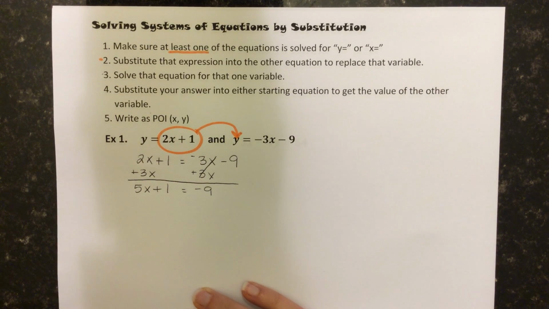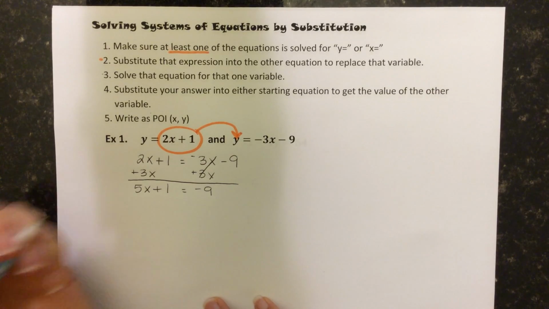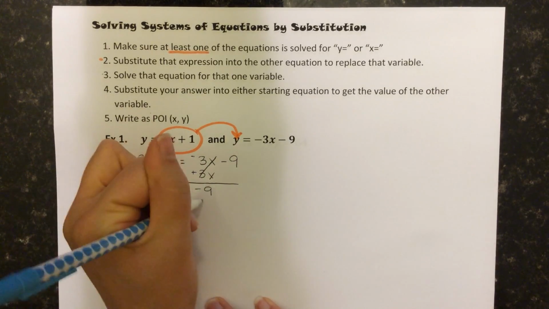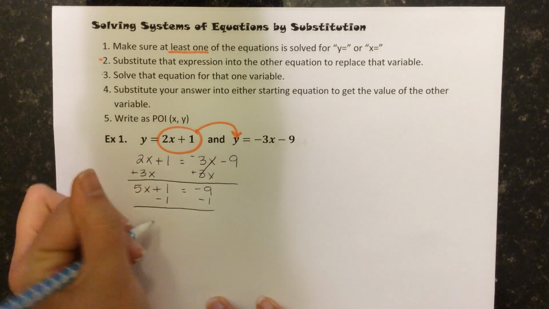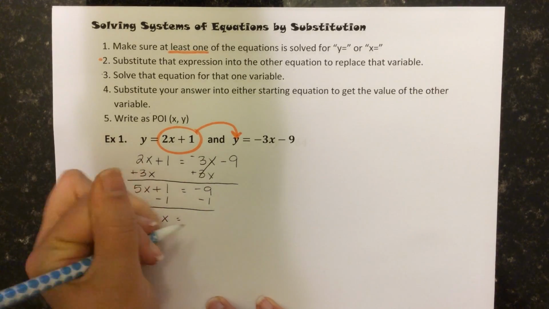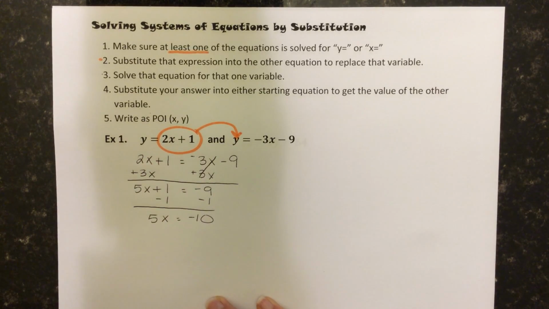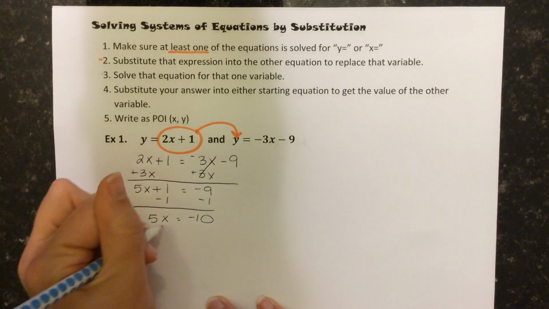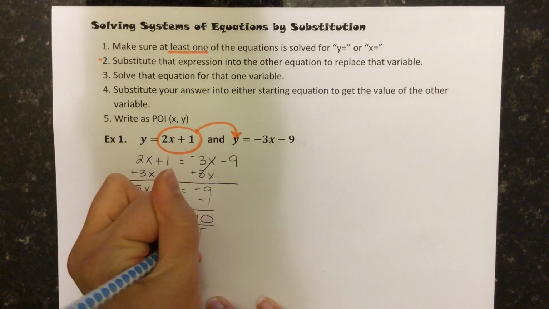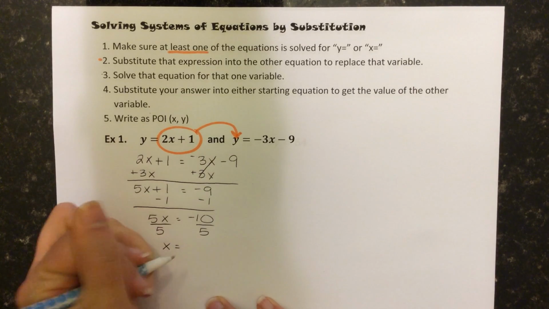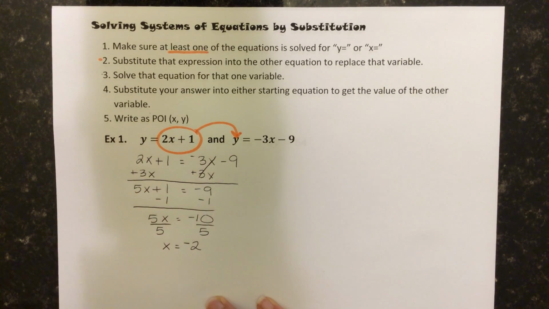Whatever you do to one side, you have to do to the other. We've been doing this sort of thing all year. This is not new. I'm just trying to get x by itself. My last step here is to divide, and x equals negative 2. Don't get excited. You're not done.